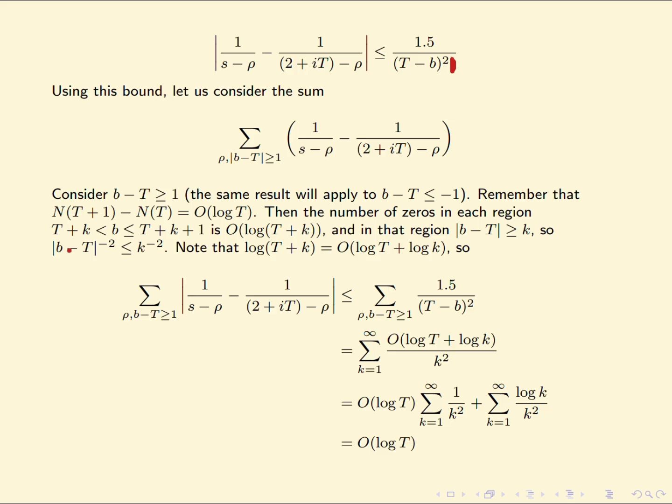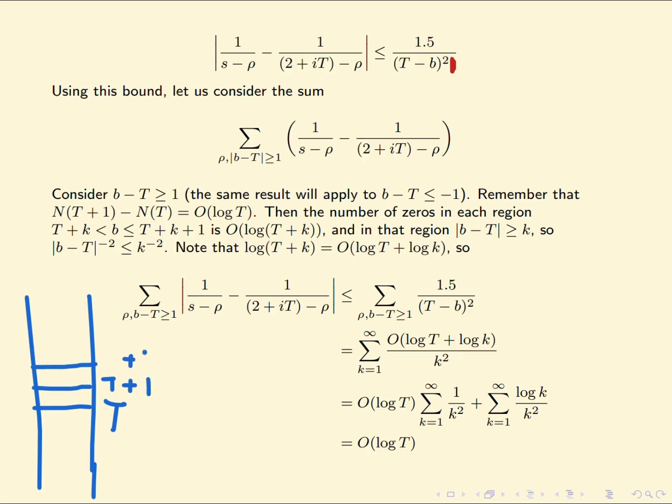Then consider the number of zeros in each region, where b is between t plus k and t plus k plus 1. So let's say there's a t here, and then here's t plus 1, and I'm going to keep going, t plus 2 and so forth.